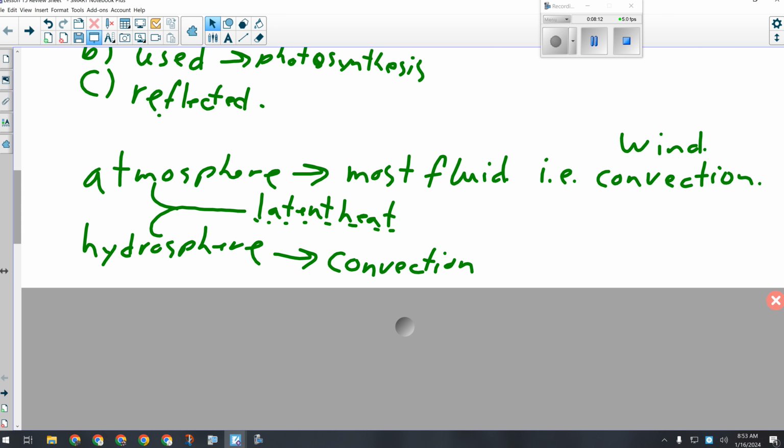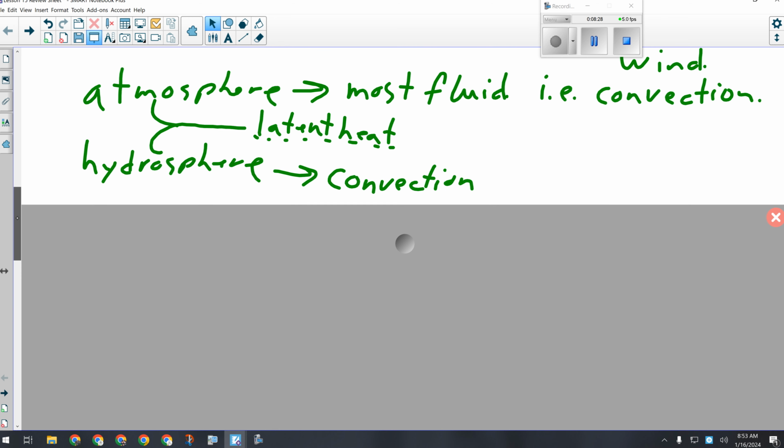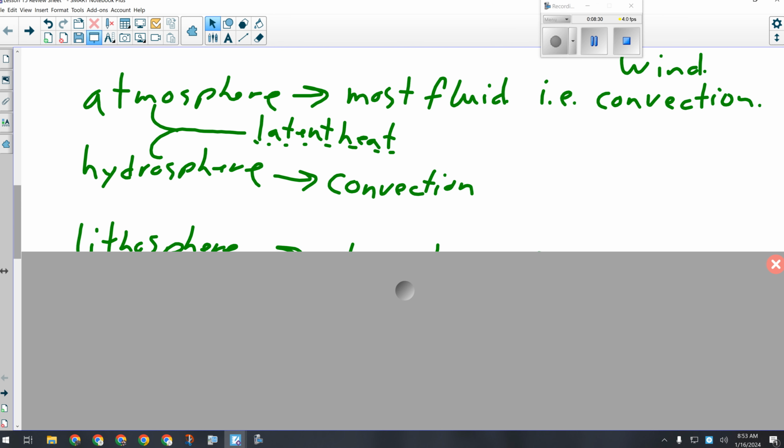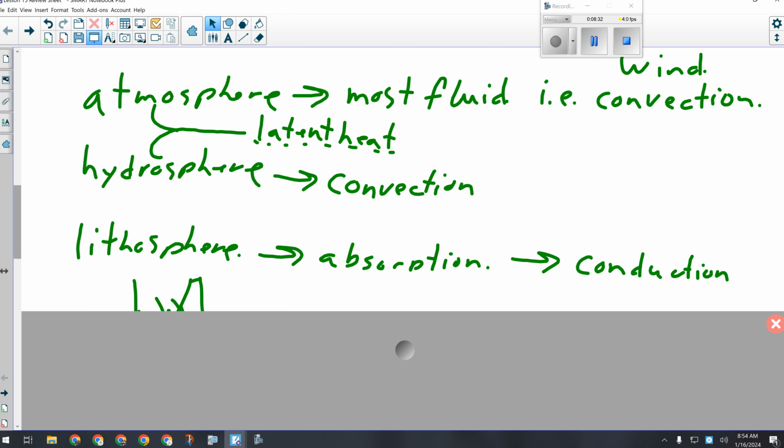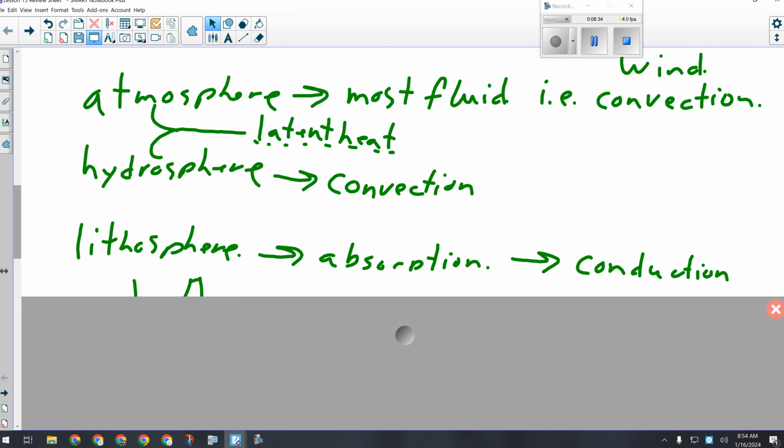Okay, obviously the water cycle and the latent heat within it is also a big part of that atmospheric transfer, and that's where the atmosphere and the hydrosphere connect, because the liquid water leaves the hydrosphere and enters the atmosphere during evaporation. Okay, and then for the lithosphere, mostly absorption. Okay, we're not talking about a lot of heat transfer because conduction doesn't transfer stuff over vast distances.